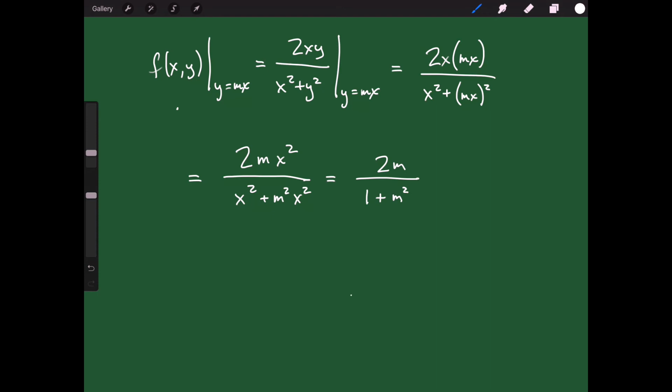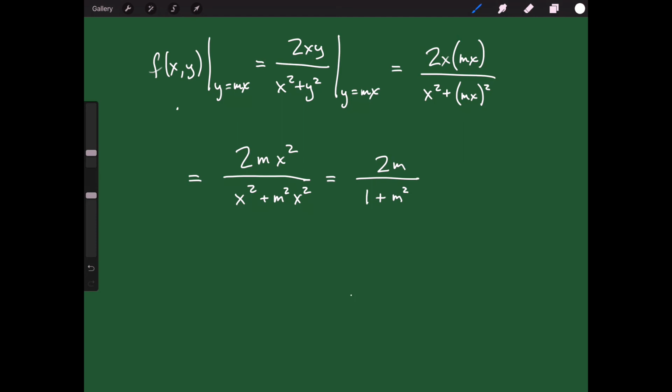Not really. It's kind of far away. It's not like 0.0001. It's 1, a whole unit away. What if m were 2? If it were 2, I'd get 4 over 5. It's a little closer than 1 was, but it's not very close to 0.